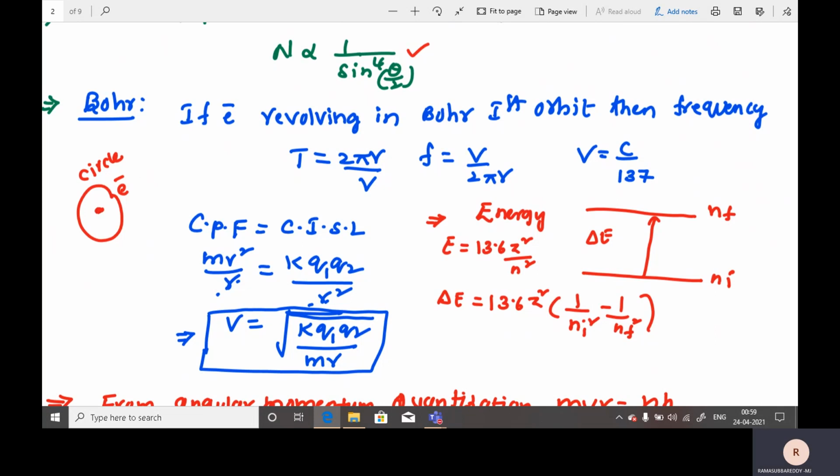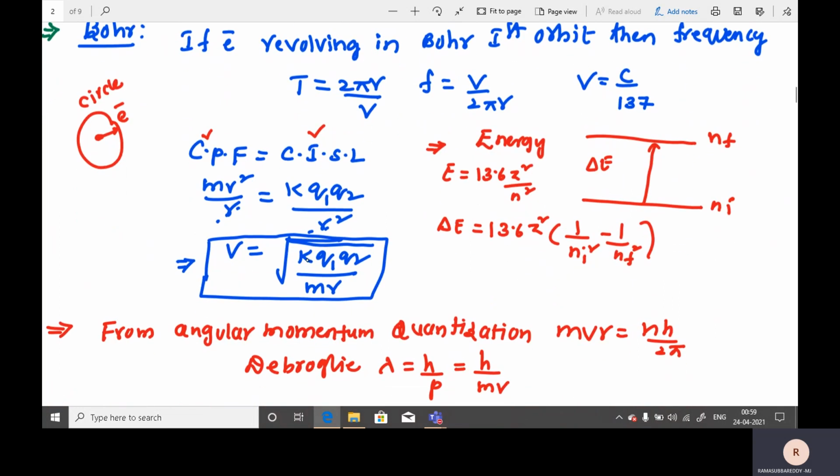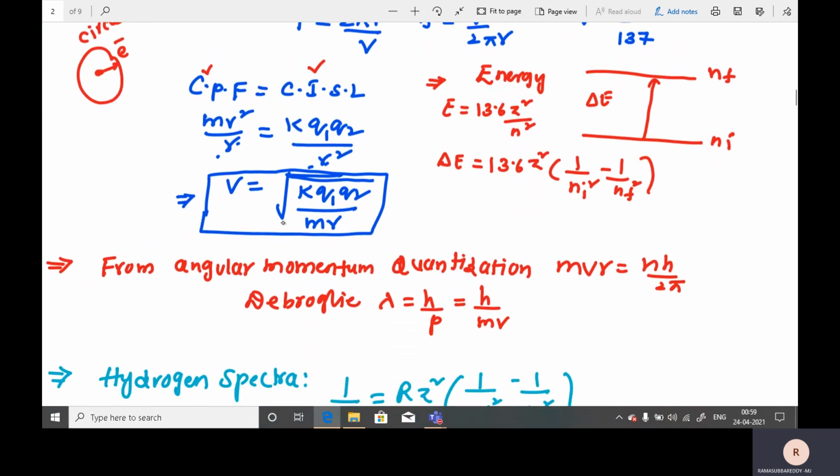When it is revolving in circular motion, the centripetal force is balanced by Coulomb's inverse square law. The centripetal force is mv square by r, and Coulomb's inverse square law is k, nothing but 1 by 4 pi epsilon naught, q1 q2 by r square. If you equate that, we get velocity v is equal to under root of k q1 q2 by m into r.